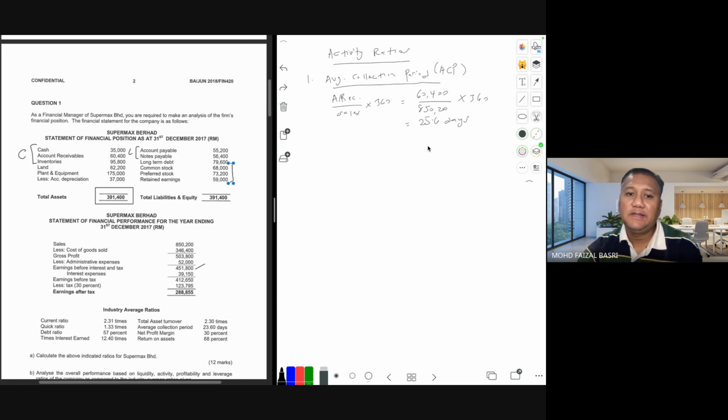So performance dia lagi slow lah, lagi lambat and lagi teruk lah. It's worse as compared to the industry average, sebab industry average collect faster. So that's number one.